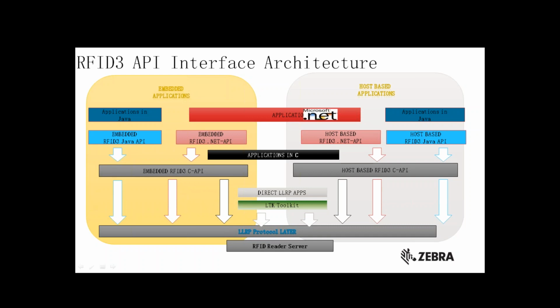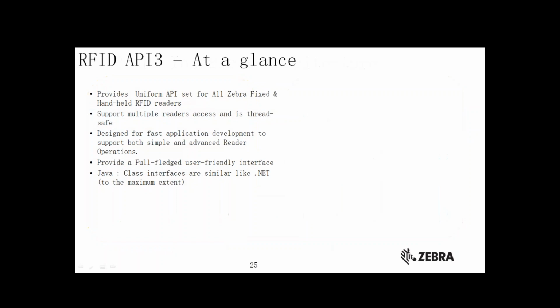Now we'll explore in a minute why one would be better or different than the other. But I talked about this RFID3, so let me talk a little bit more in detail about what the RFID3 API is and how that is a little bit different.